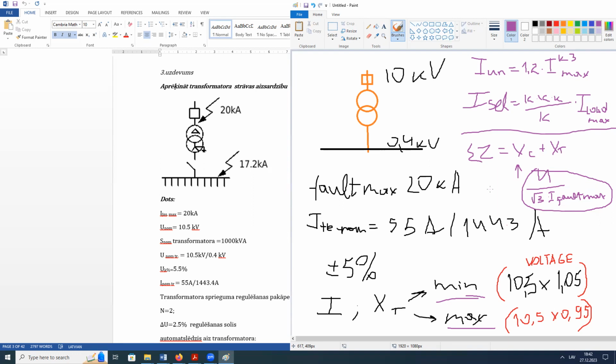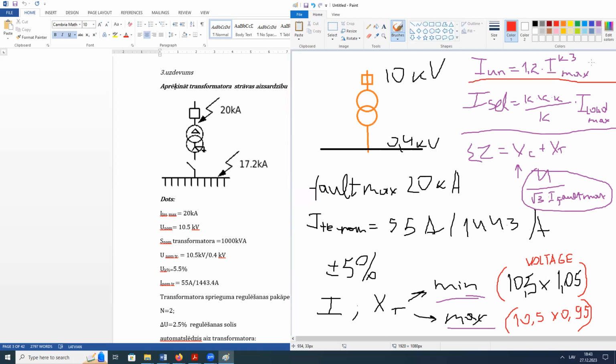For example, if you are calculating unselective protection, the formula says you should use the maximum current value. Then you should understand that to get the maximum current value, I need to use the minimum transformer resistance value.